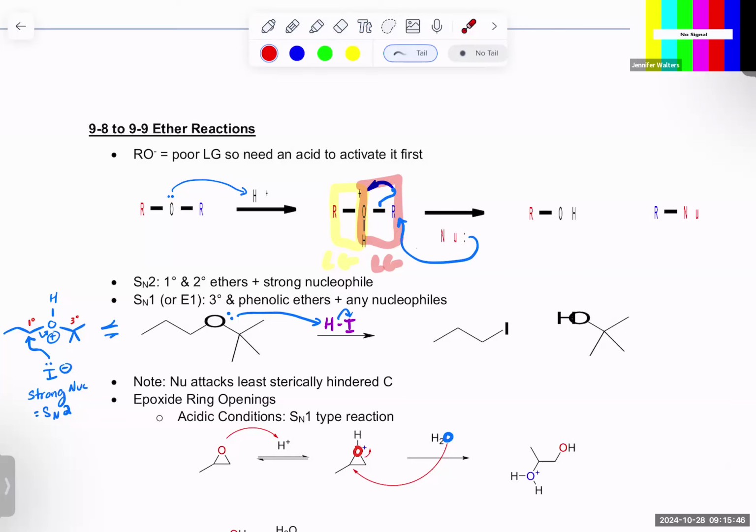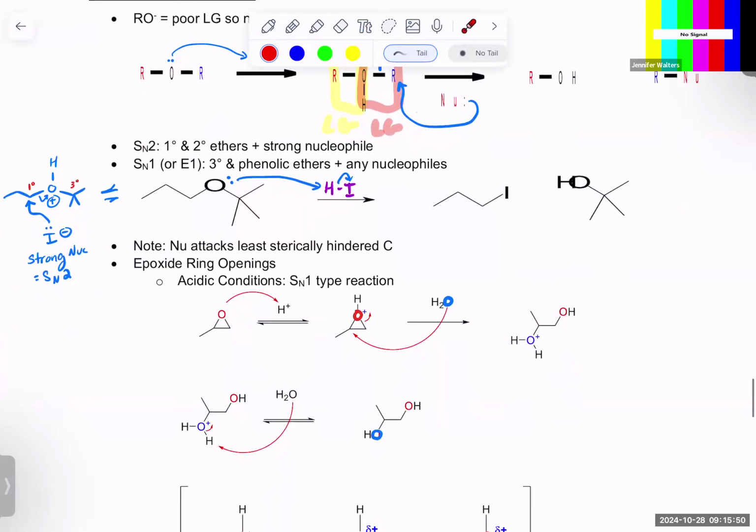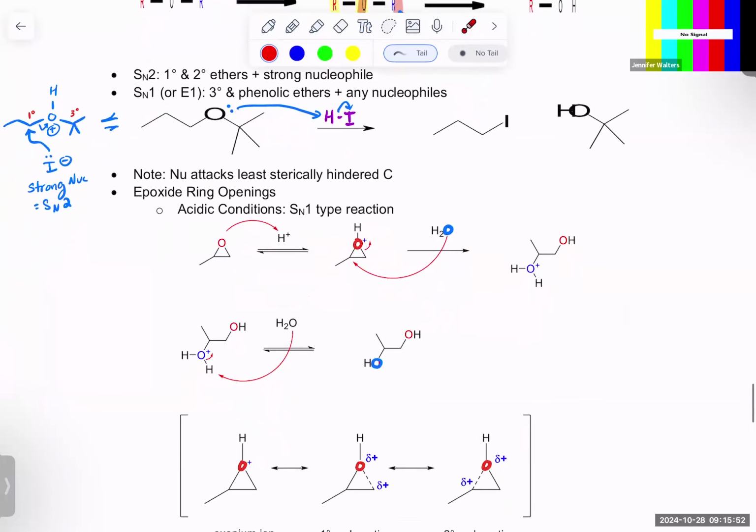All right, when we look at our epoxide rings, here's where a lot of the color coding got messed up. So I tried to make the oxygen of the epoxide always red. So you might have to change your oxygens to make sure that they're red.